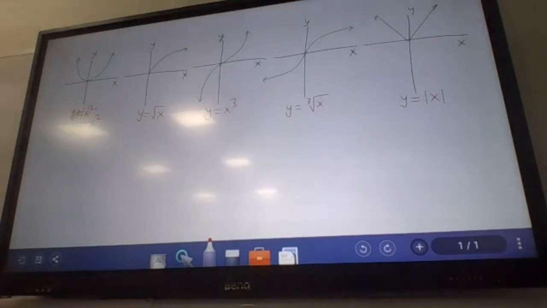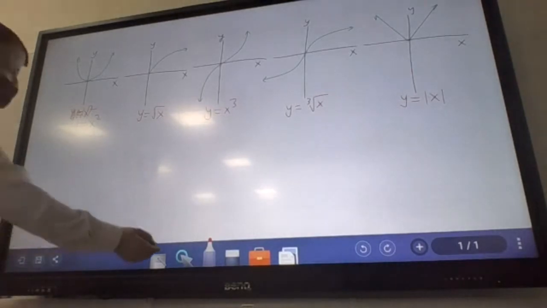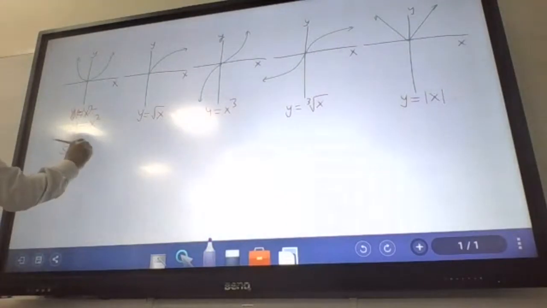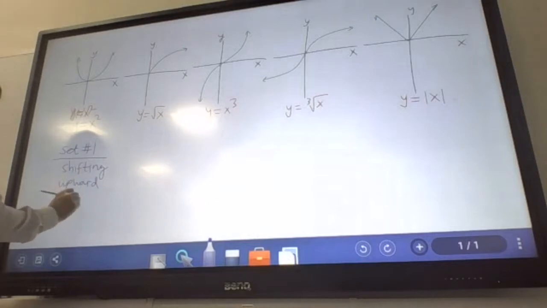So what are these transformations? We have three sets of transformation. Step number one, shifting upward and downward.